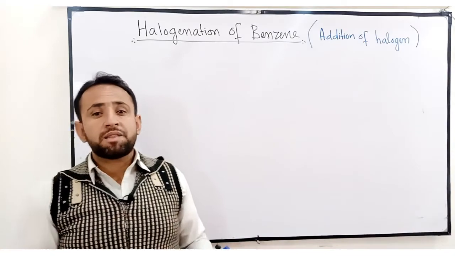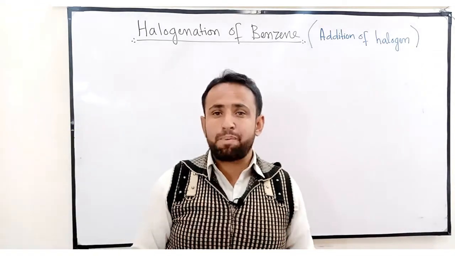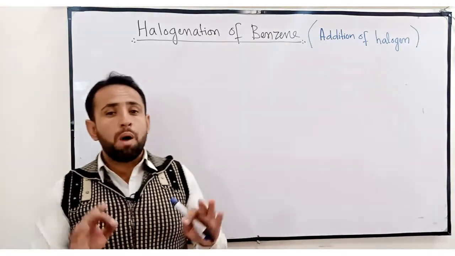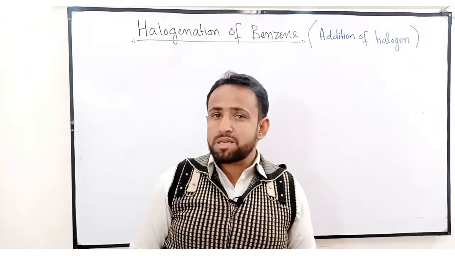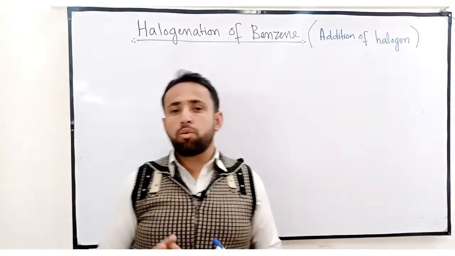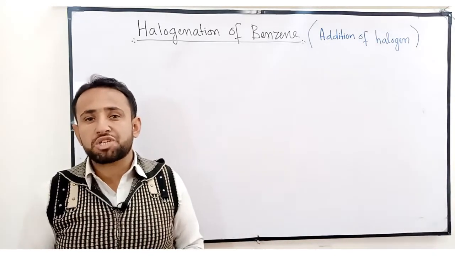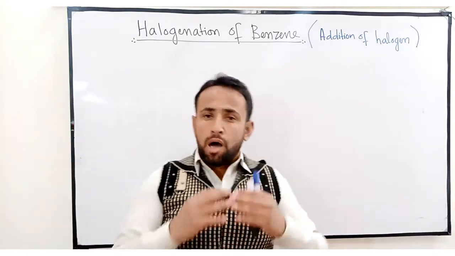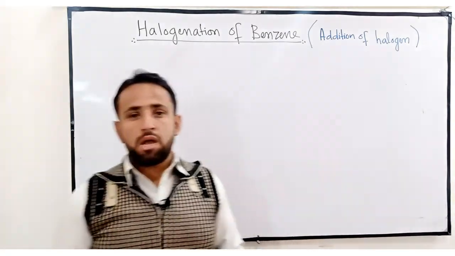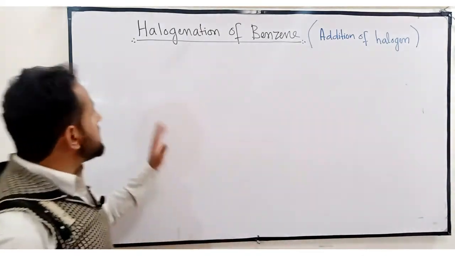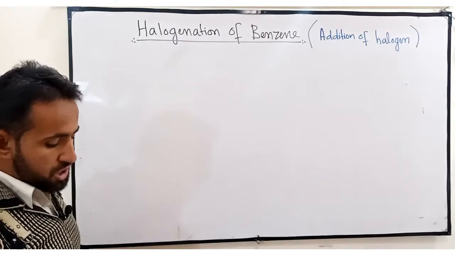Understand? After that I will explain the mechanism of one reaction. Almost the mechanism of all electrophilic aromatic substitution reactions is almost equal to each other with some exceptions. Understand? So first I will explain the definition of halogenation.